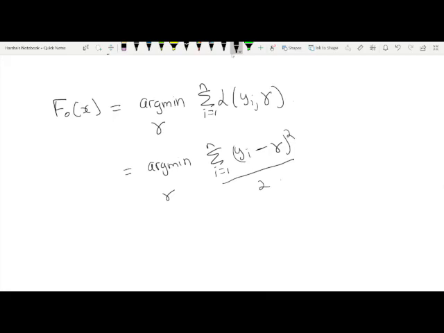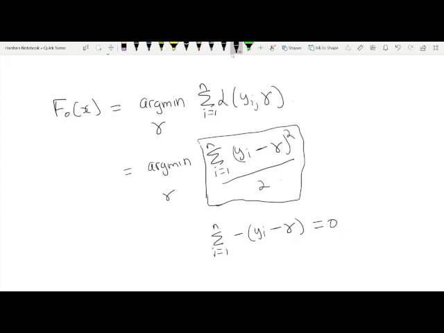If you differentiate this quantity with respect to gamma, you have sigma i equals 1 to n of minus (yi minus gamma), and if you're familiar with basic calculus, you should know that to find a minima we must equate the derivative to 0.